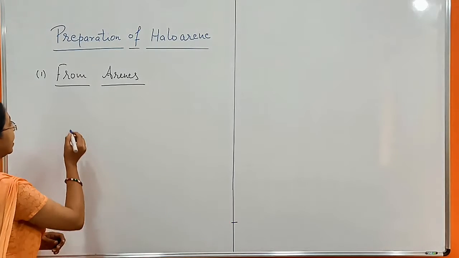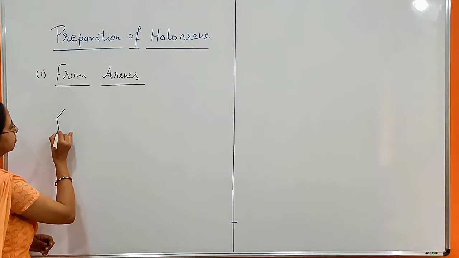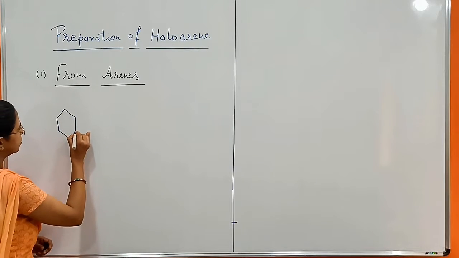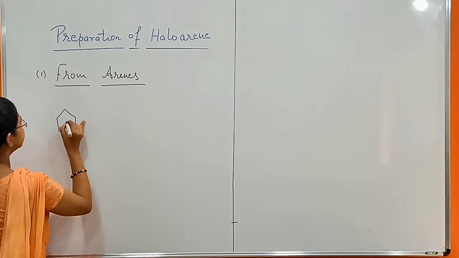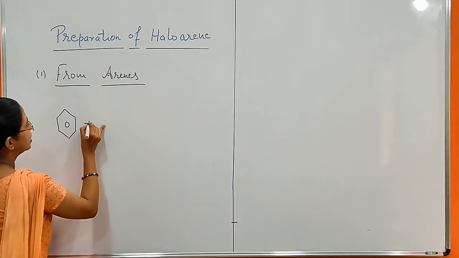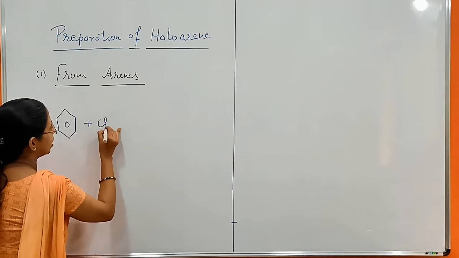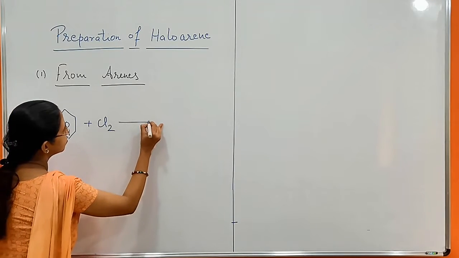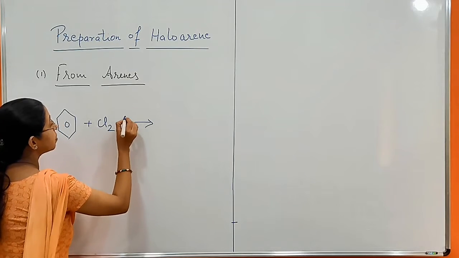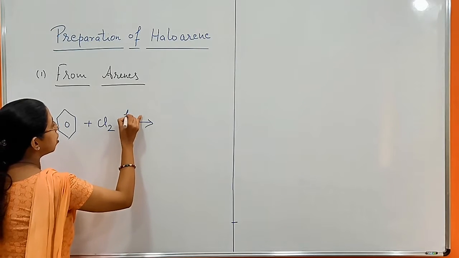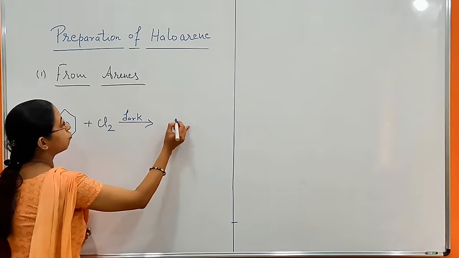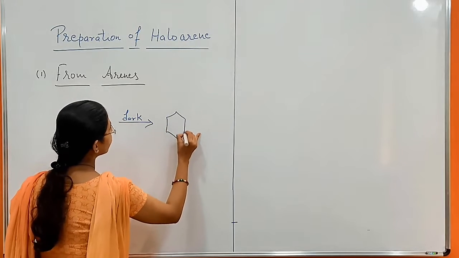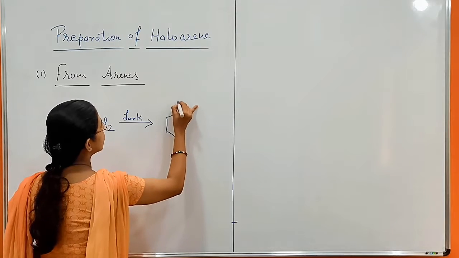So we will take benzene with chlorine in the presence of dark. It will form chlorobenzene.